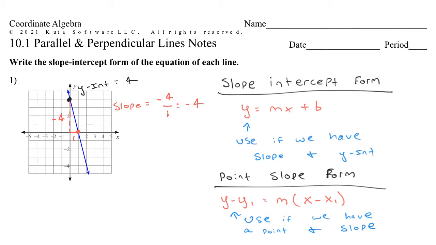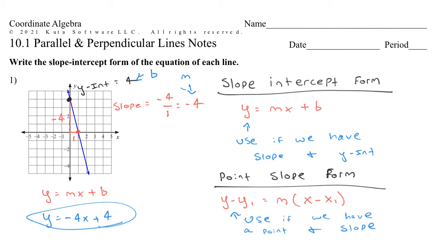Since I have the slope and the y-intercept, we're going to use y is equal to mx plus b. Slope is the m, y-intercept is the b. So my equation would be y is equal to -4x plus 4. And that's it.